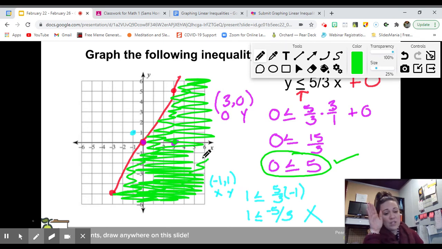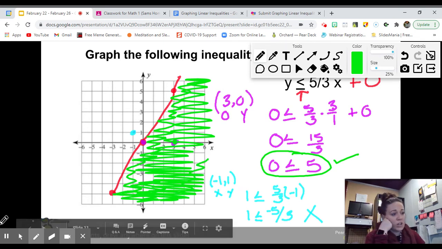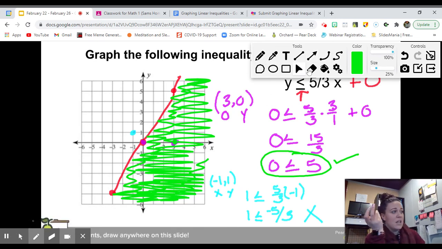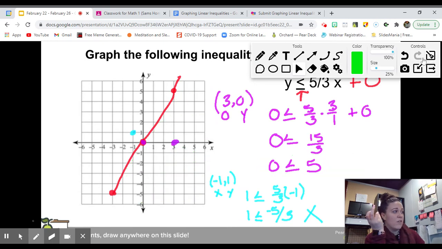I know this video is long, but before I go off of the video, I also wanted to tell you that you are going to be graphing them by hand in TeacherMade today. So I'm going to clear off all of this. You're going to be graphing them by hand in TeacherMade, and then also we're going to be graphing them in Desmos.com.